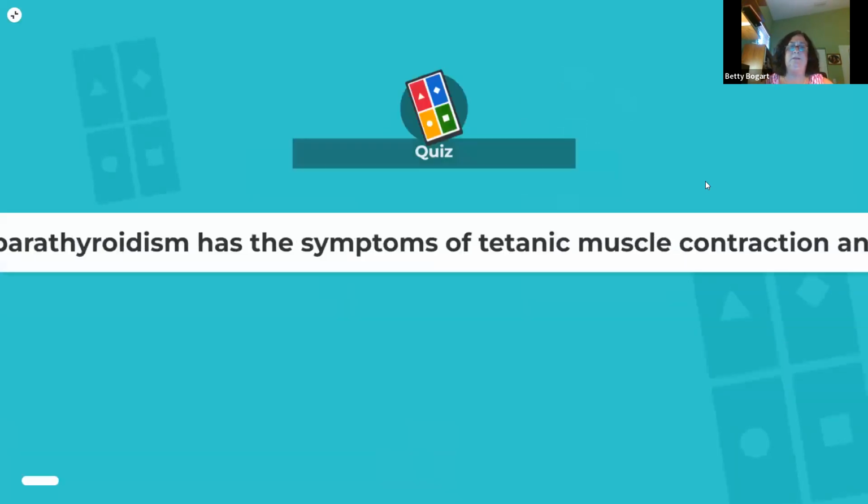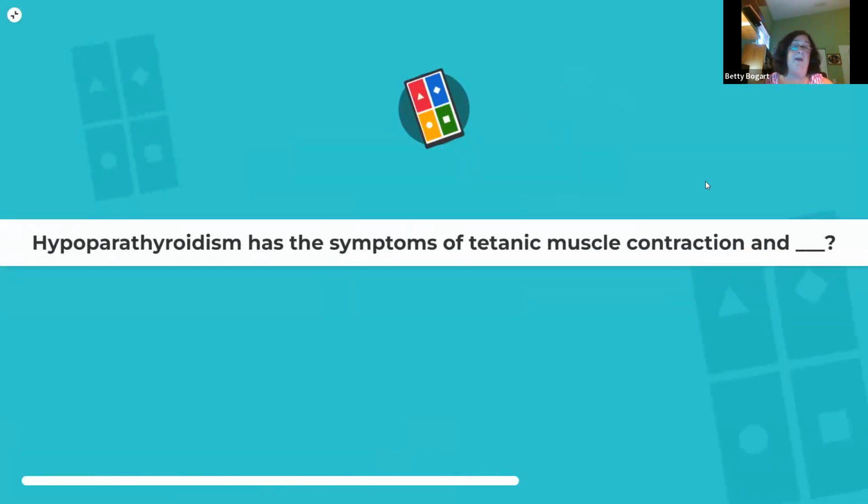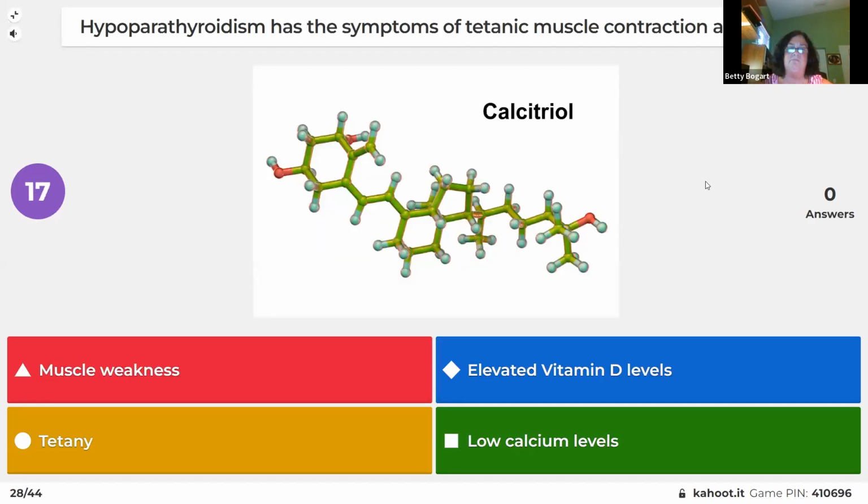A multi-select. Hypoparathyroid has the symptoms of tetanic muscle contractions and what? What did I tell you about calcium? What does it work on?